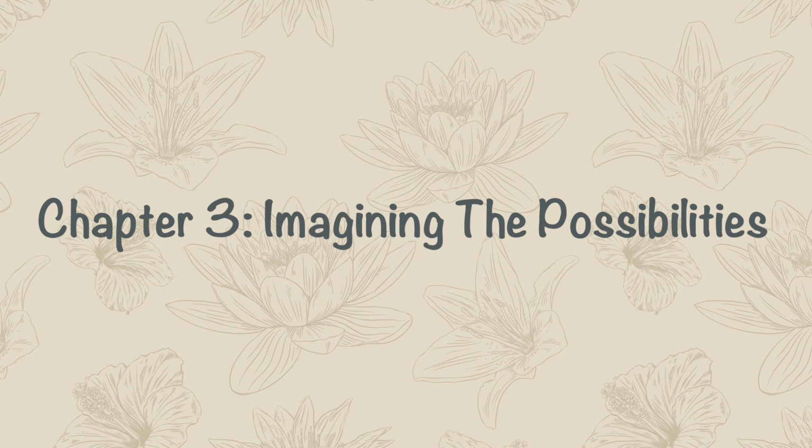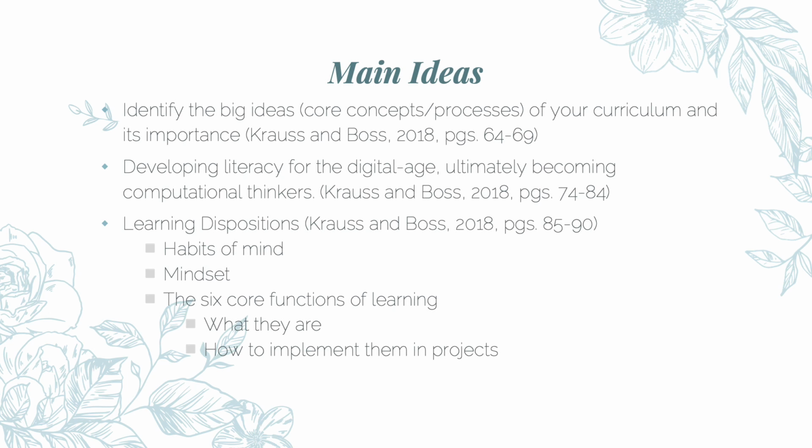So, for the first chapter, we had to read chapter 3, which was imagining the possibilities. Some of the main ideas in this chapter were how to identify the core processes and concepts of your curriculum and the importance of it, and then how to become computational thinkers while developing literacy for the digital age.